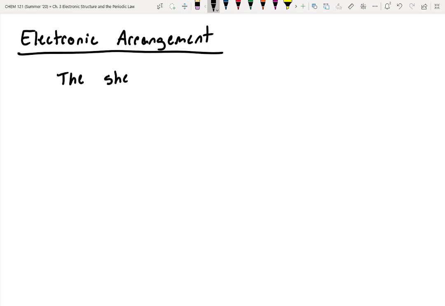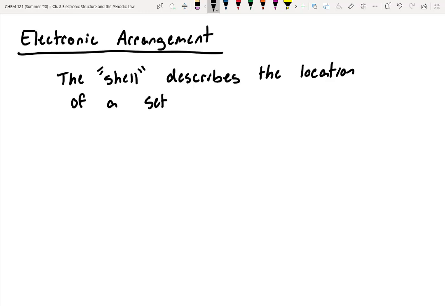So the shell describes the location of a set of electrons. All right?